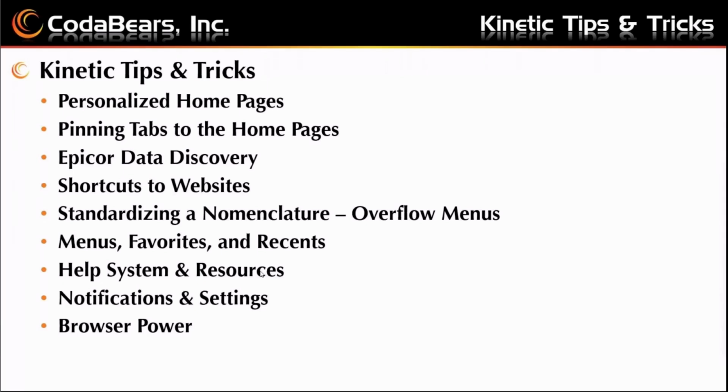There's an entire array behind the new help system that's now in Kinetic. Notifications and settings: you can still get to the system task monitor through the settings and notifications, but you can also see quickly from the notifications what's going on. When you request a report or a process, you're going to get a little orange yellowish dot on top of the system bell that's going to tell you, hey, you've got something running or it's done.